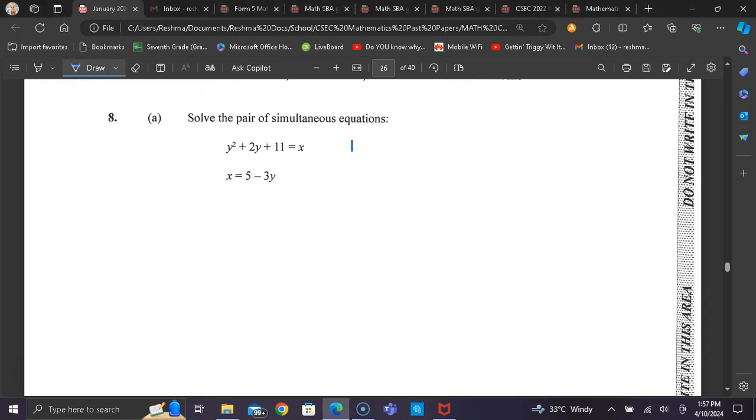We're going to label the first equation equation 1 and the second equation equation 2. So we are going to substitute equation 1 into equation 2.